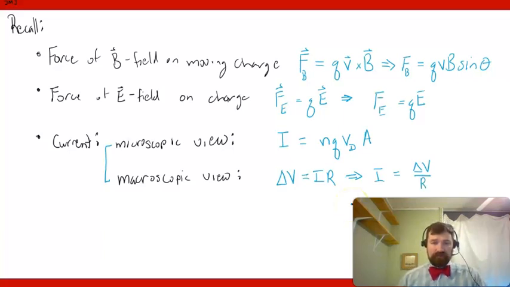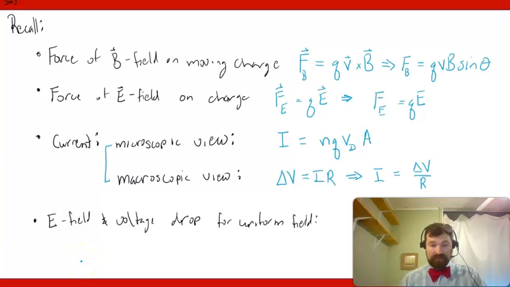And perhaps one last little thing is the relationship between E field and voltage drop. And that is that the voltage drop is equal to negative the electric field strength dotted with the displacement vector, negative E dot d.